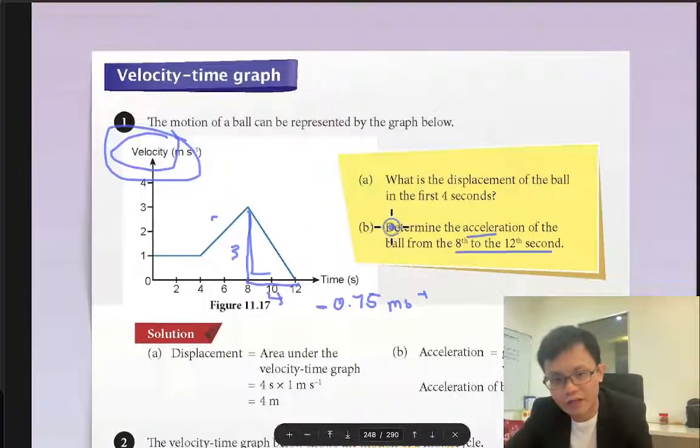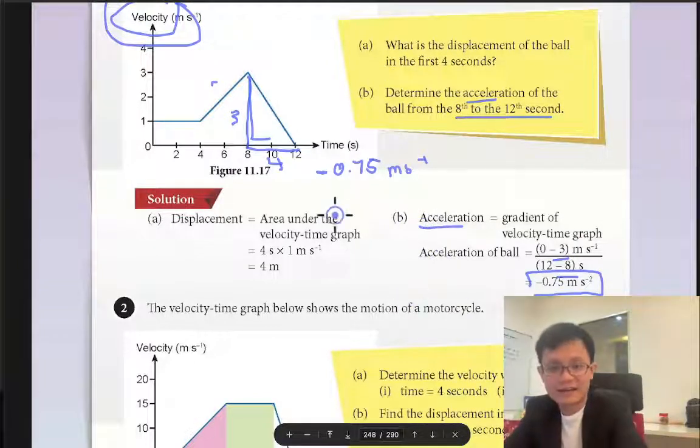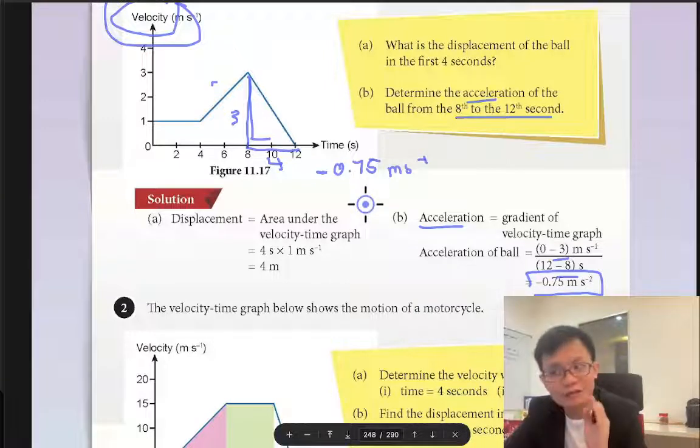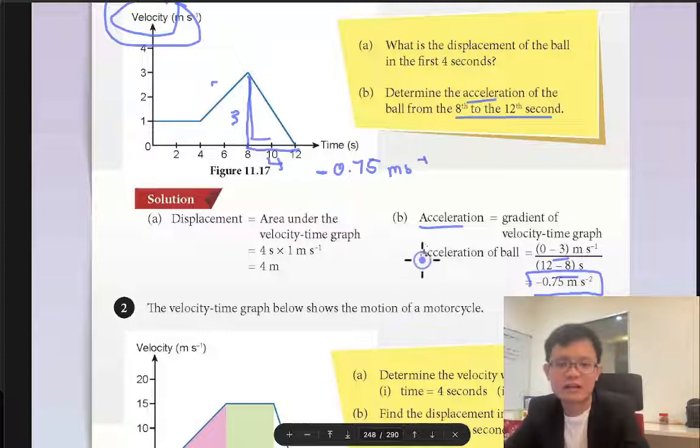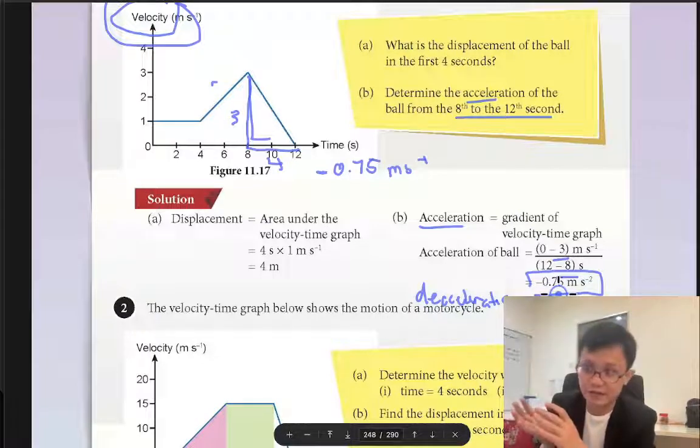And one tricky question about this is, when the question asks about acceleration, I put negative. I don't think the question will ask, unless the teacher wants to give you a hard question, what is the deceleration? If the question asks deceleration, you need to put 0.75. You cannot put negative, because deceleration means negative already.